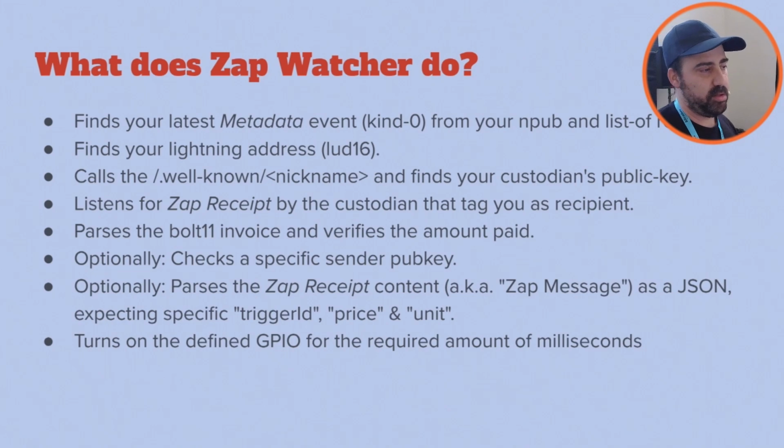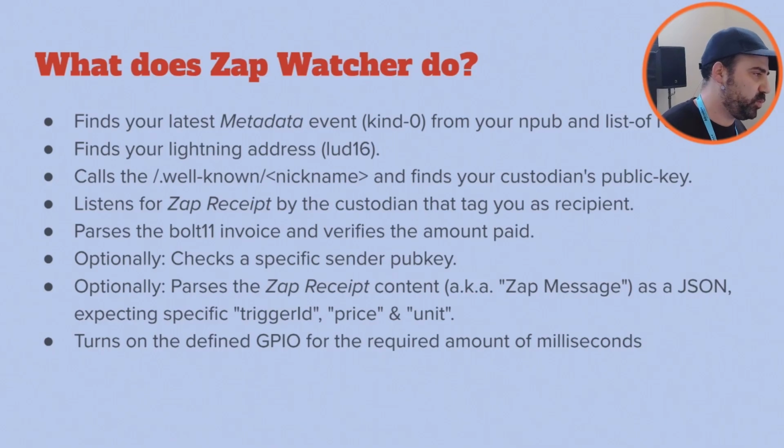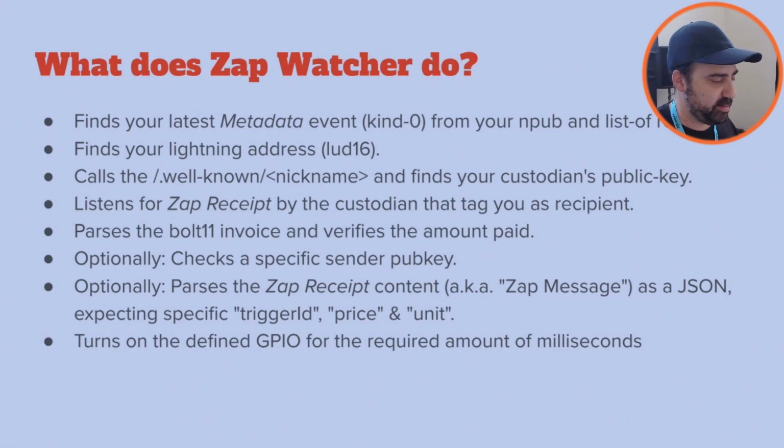So you can set it to, let's say, only turn the device on when the zap is above 10,000 sats. The default is 1 sat, even though it can be configured in millisats also. And it can check for a specific sender.